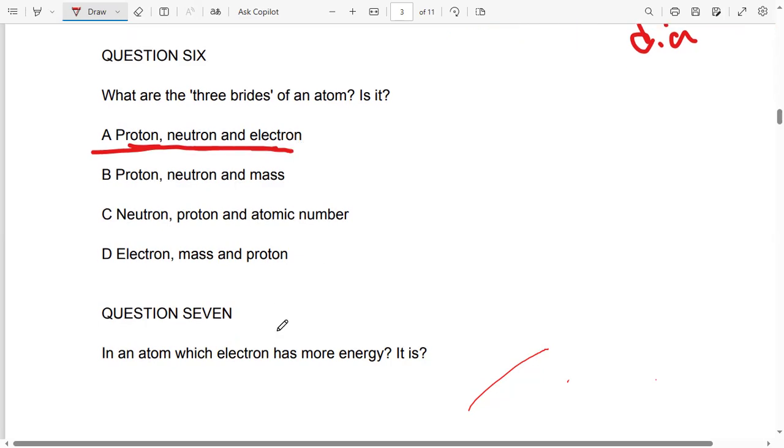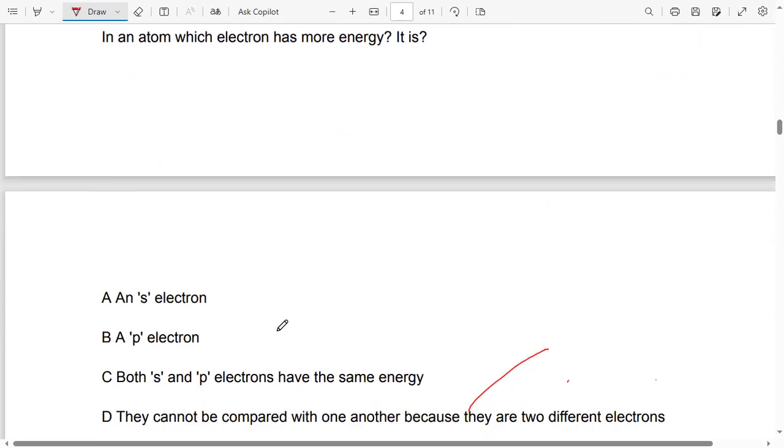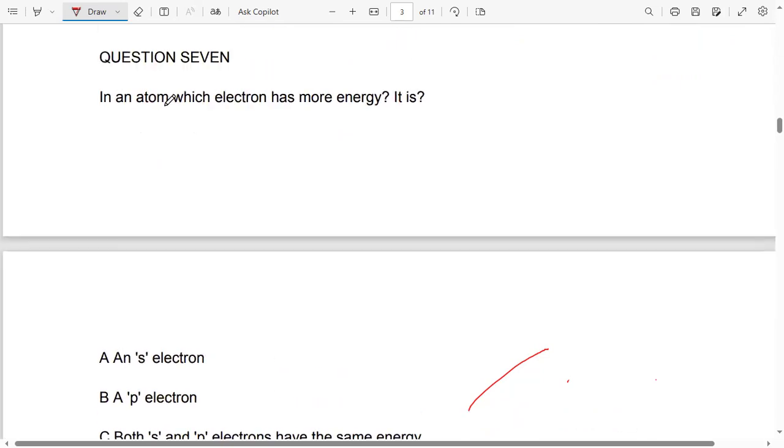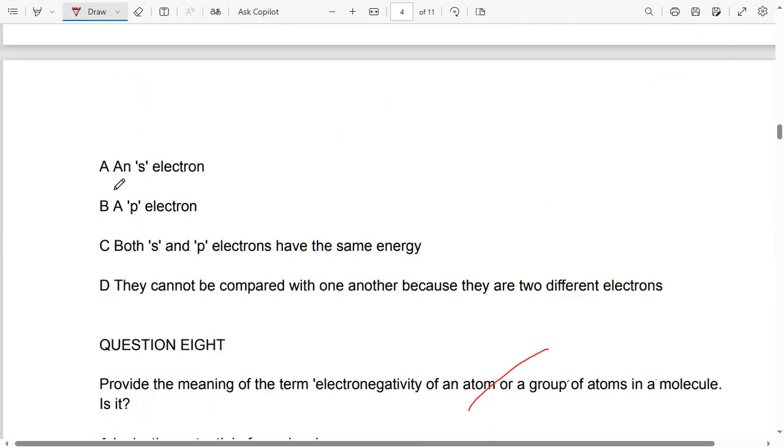Okay, and then question number 7. They're saying in an atom, which electron has more energy? Is it an S electron, a P electron, or do both S and P electrons have the same energy, since they cannot be compared because they are two different electrons?